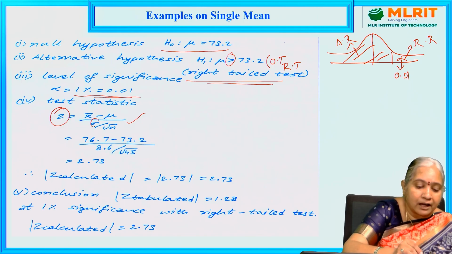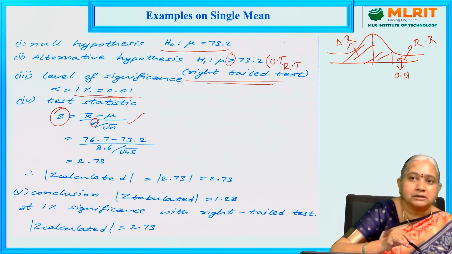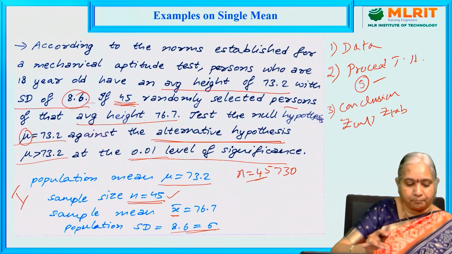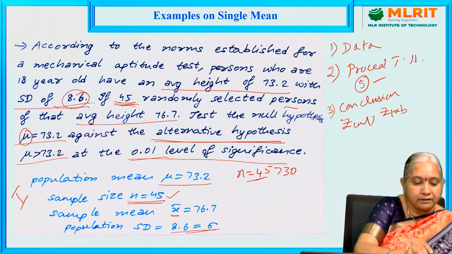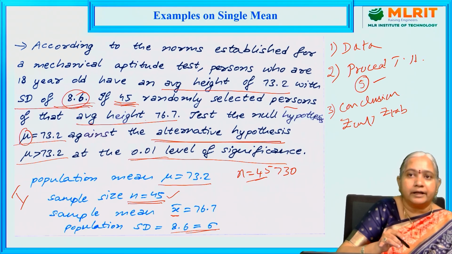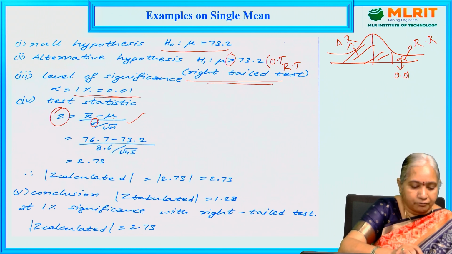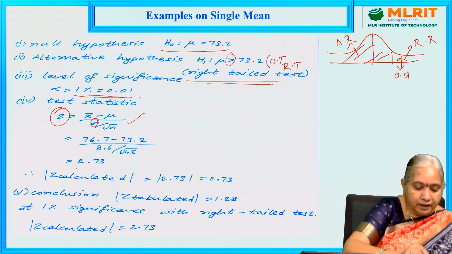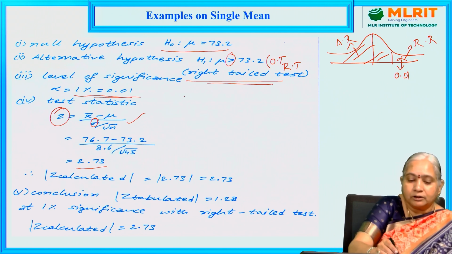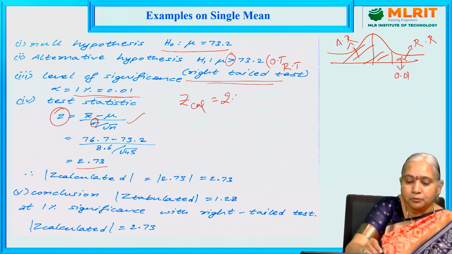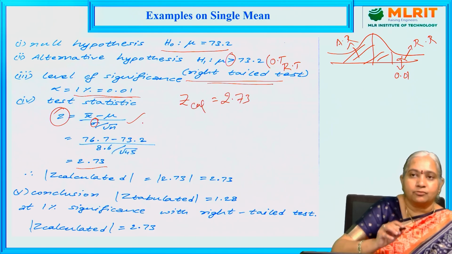Here the sigma value is known, that means the population standard deviation is given in the question, so we take sigma by root n. After calculation, the Z calculated value is 2.73.